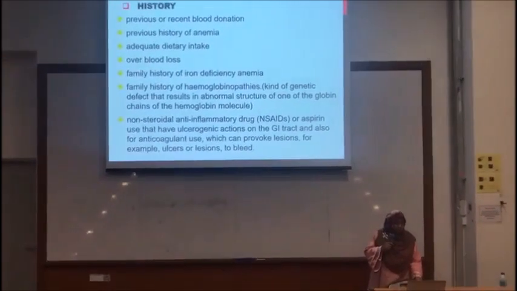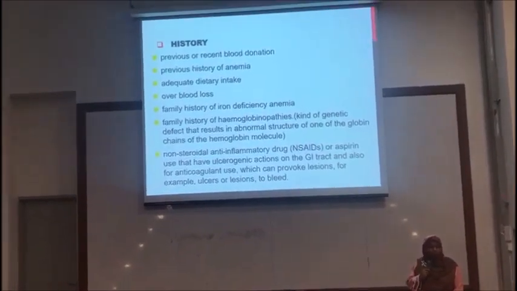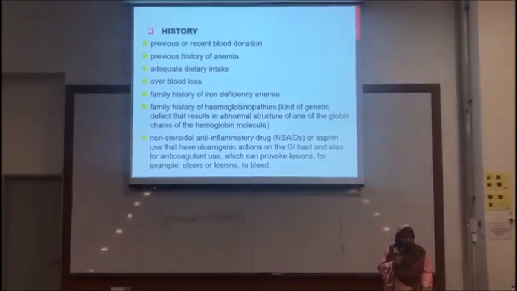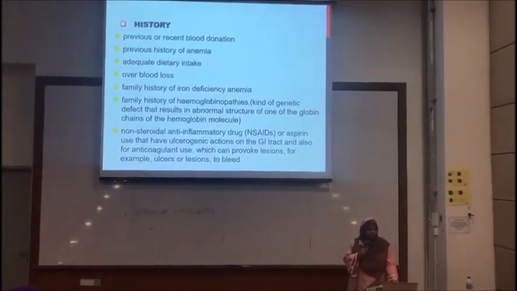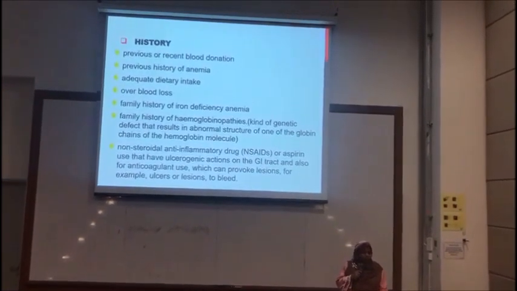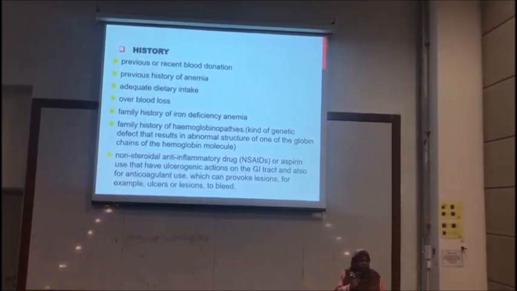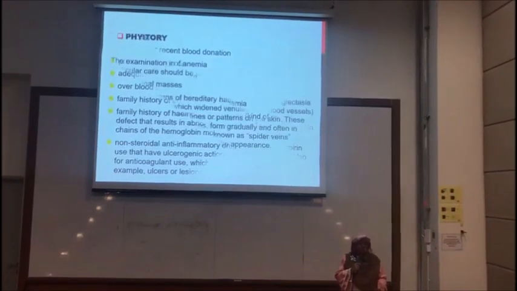The patient may have a family history of hemoglobinopathies. Hemoglobinopathies are a kind of genetic defect that results in abnormal structure of one of the globin chains of the hemoglobin molecule. We also ask about non-steroidal anti-inflammatory drugs, NSAIDs or aspirin, which have ulcerogenic actions on the GI tract, and anticoagulant use, which can provoke lesions, for example ulcers or lesions that bleed. A patient who often takes NSAIDs will get the ulcerogenic action on the GI tract, and the patient will have anemia.